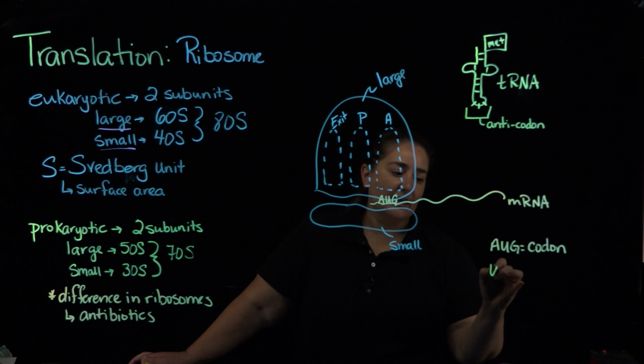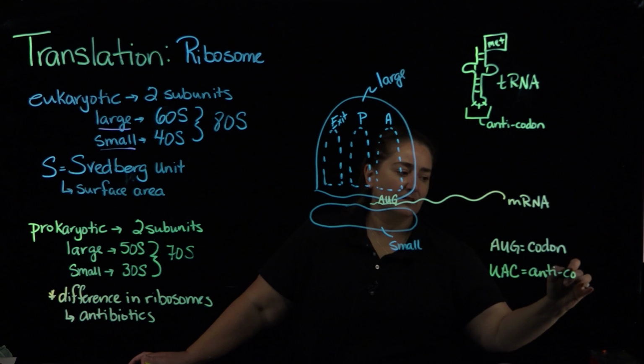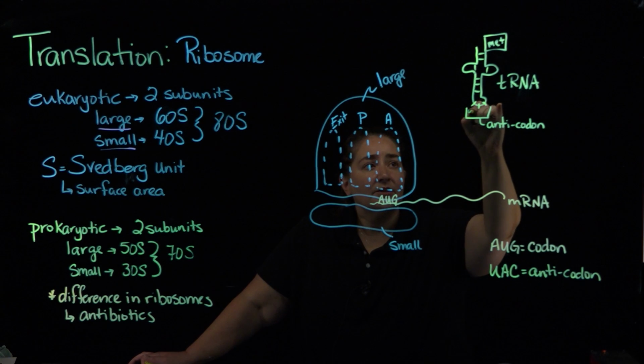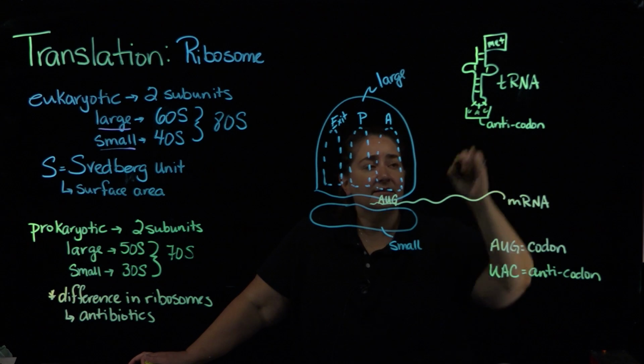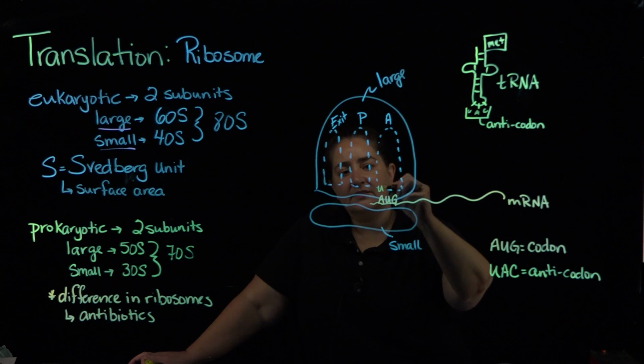So A would be U, U would be A, G would be C. So we've got an anticodon then, UAC.